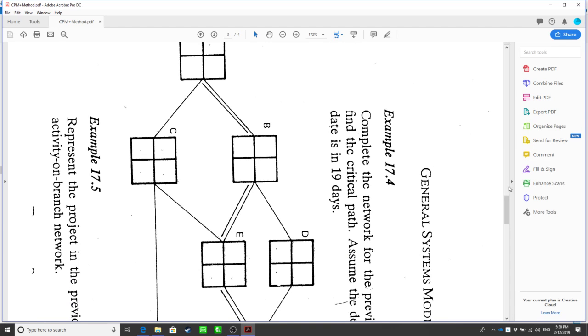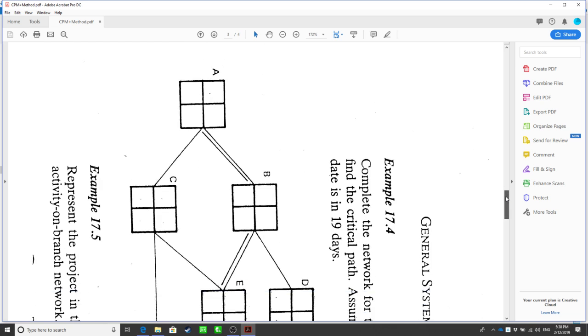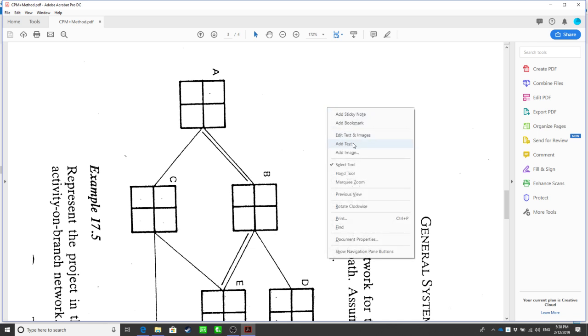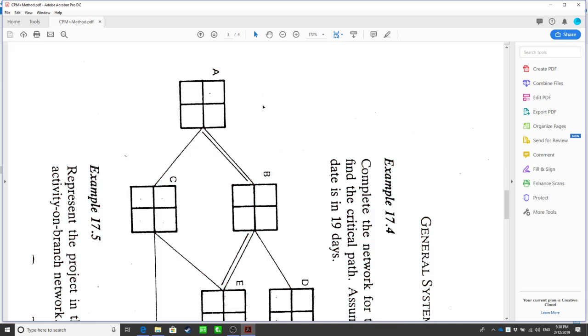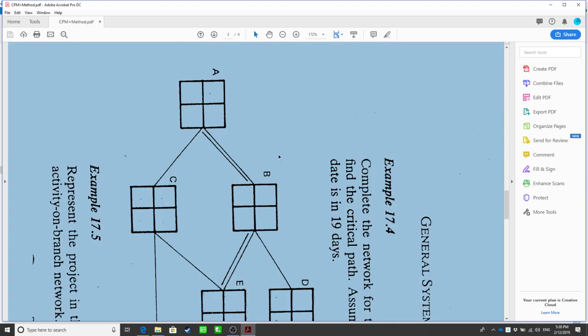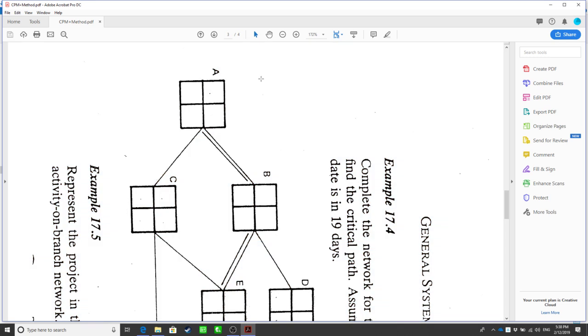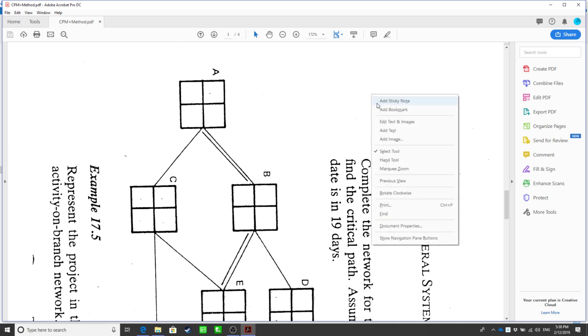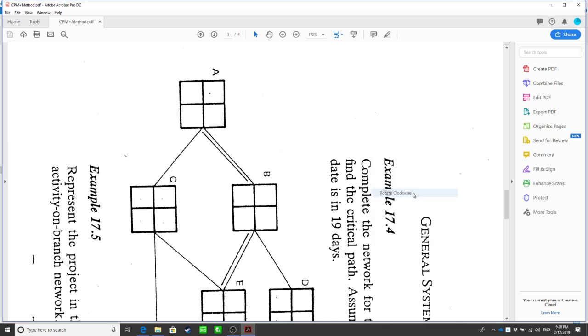Reversed, right? Let me see, how can I do this? There's a rotate button right here. Right click it. Rotate that. Oh, nice.